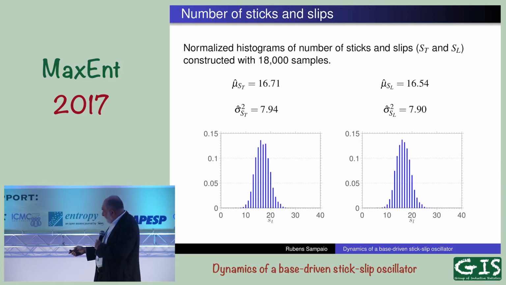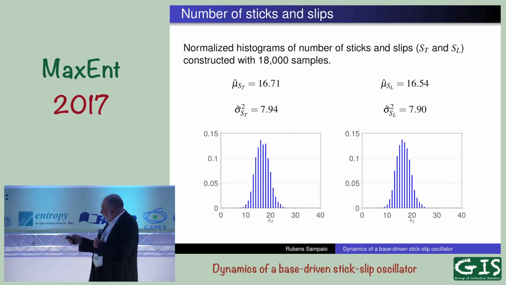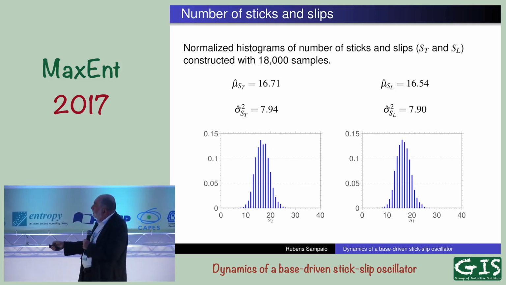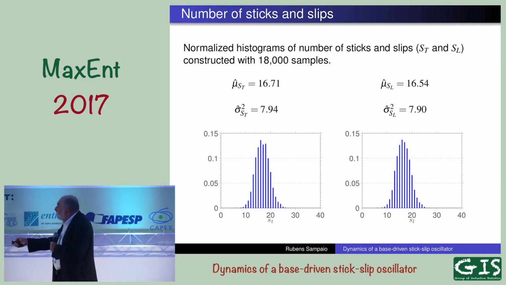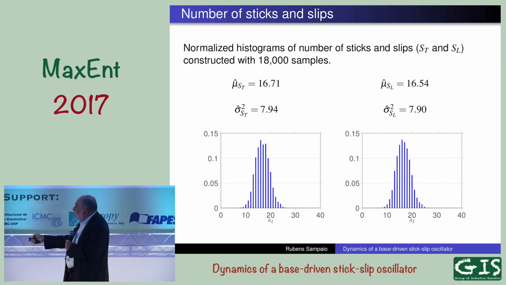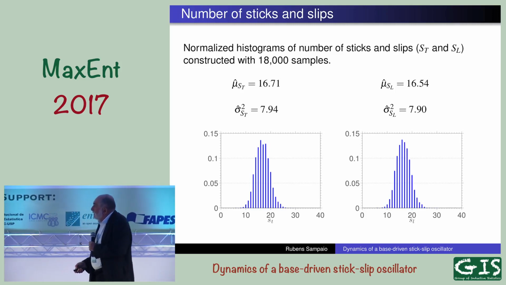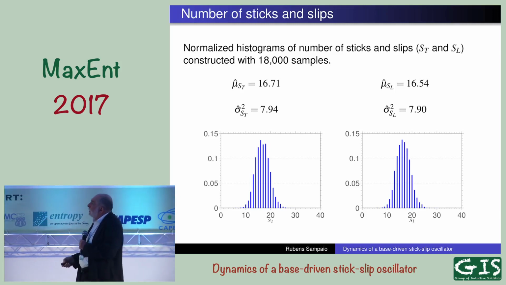So if I compute this, I discovered that for this situation, the mean of the number of sticks is 16.71, and the variance is this one. So it's the number of sticks, number of slips, I get this. Look that I am using 18,000 samples. I need this in order to have good histograms.